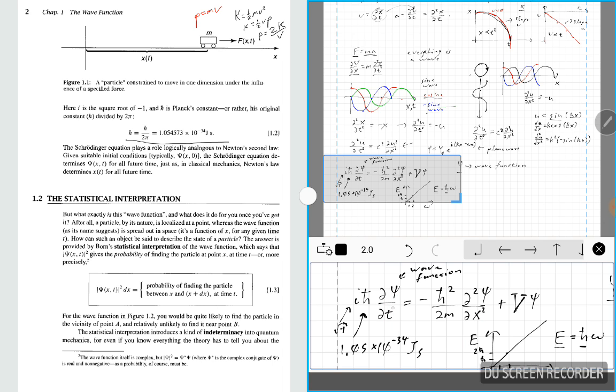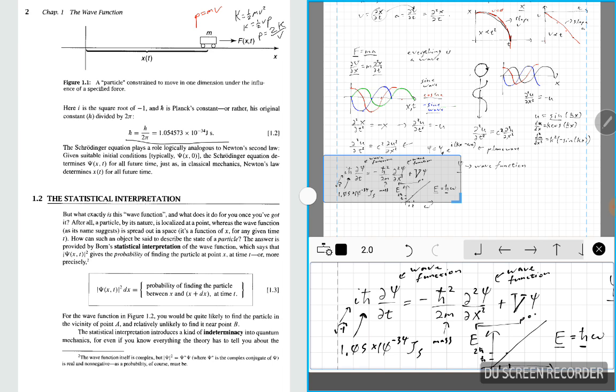So the derivative of that wave function with respect to time times i h bar, both constants, is going to be equal to h bar squared over 2 times the mass of the particle times the second derivative of our wave function with respect to space or position.